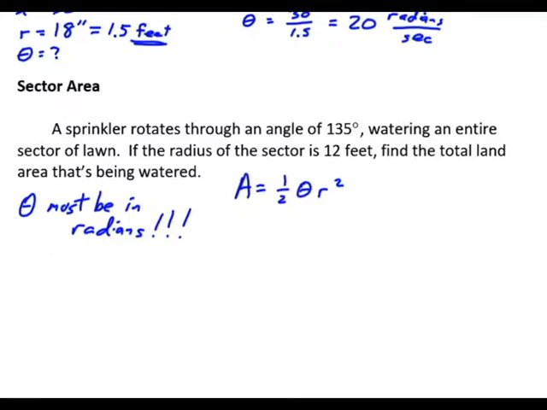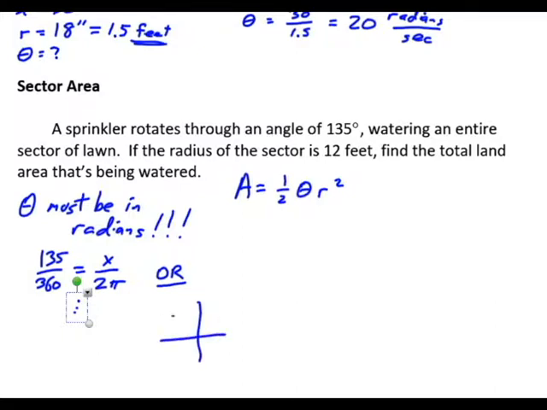We can go through our conversion proportion, or if you've been practicing your unit circle, you know that we're talking about this angle. And we know that that is also 3 pi over 4. One way or another, theta is now converted to radians.